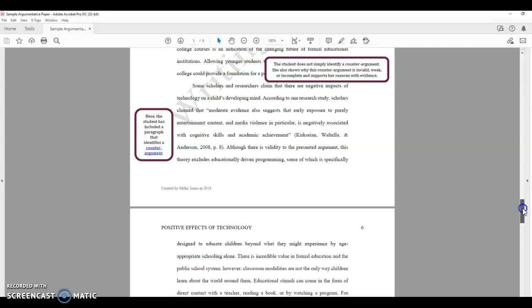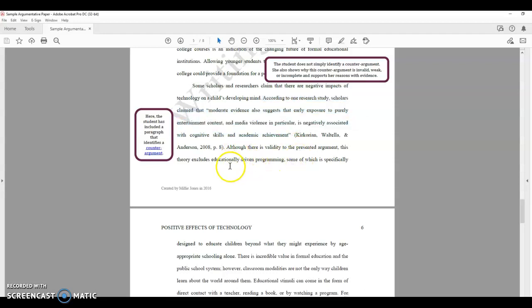So she includes their evidence. According to one research study, scholars claimed that modern evidence also suggests that early exposure to purely entertainment content and media violence in particular is negatively associated with cognitive skills and academic achievement.